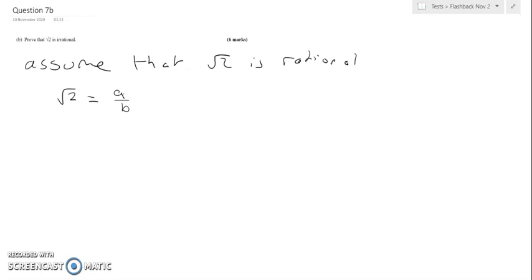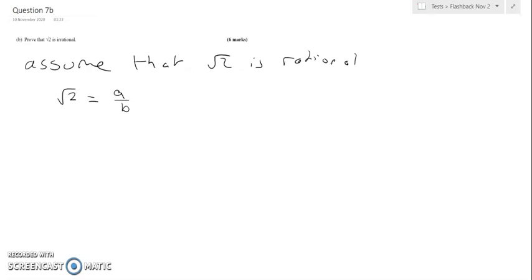So assumption statement is that assume that root 2 is rational. And if you're assuming that root 2 is rational, it means that it can be written as a fraction. So if root 2 is rational, then we can say that root 2 is equal to a over b.